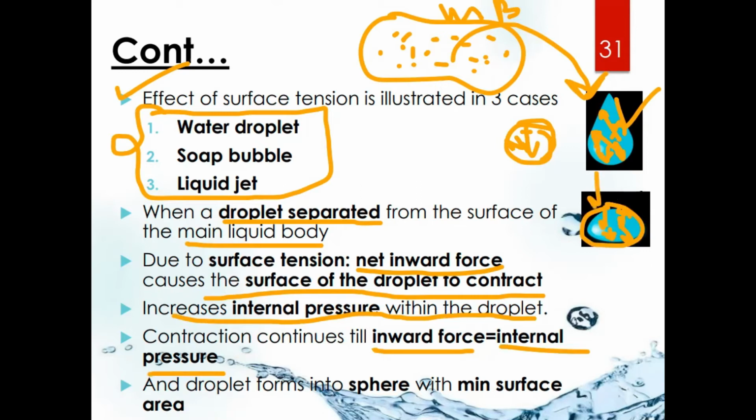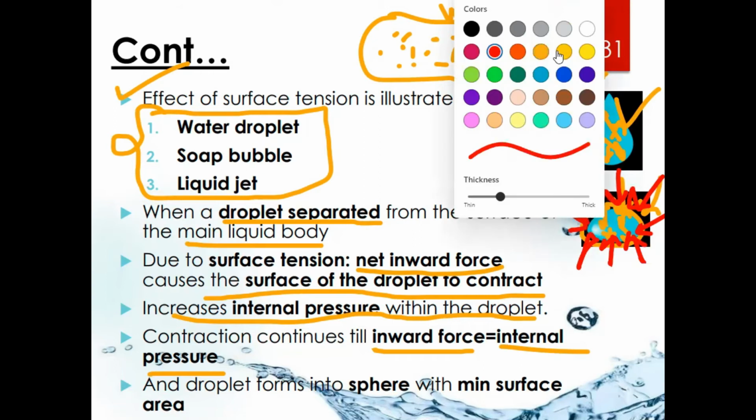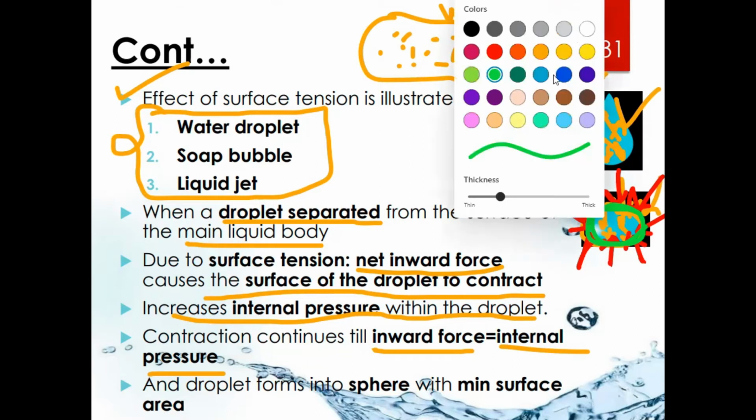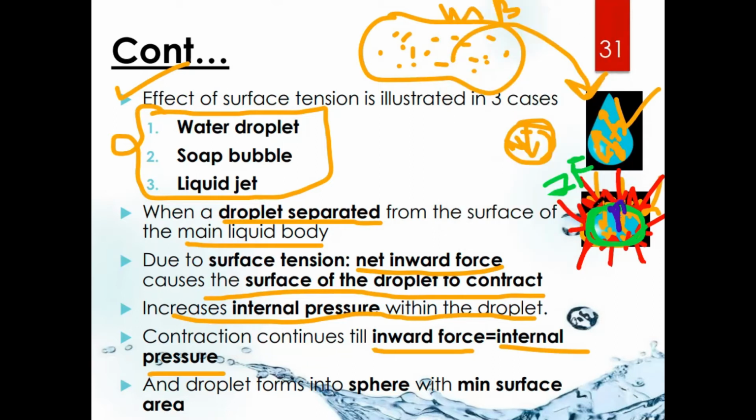This is the inward force, which I will indicate with a different color. Due to the surface tension, what I am indicating in red is the inward force. Due to this inward force, the droplet is in contraction. That inward force is developed due to the surface tension. Other than this inward force, there is another internal pressure, which I am indicating with blue color. That is the internal liquid pressure.